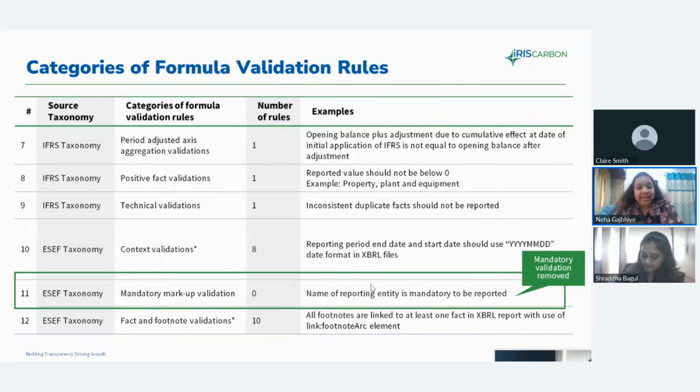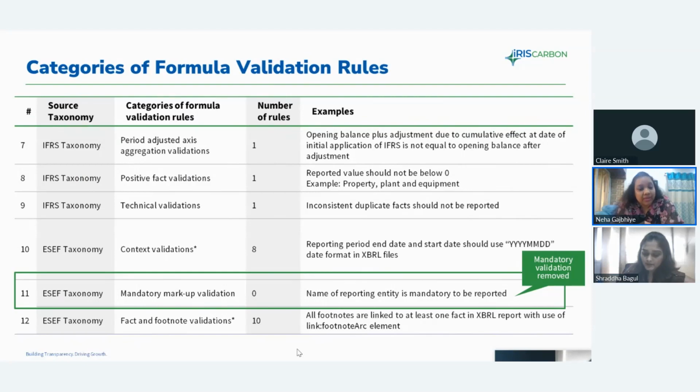The reporting period end date and start date should be in the format given by the XBRL specification. Now, this mandatory markup validation is something which is updated this year. Till last year, there was a list of 10 mandatory elements given, and if the information is available in your report, you need to tag against those elements.